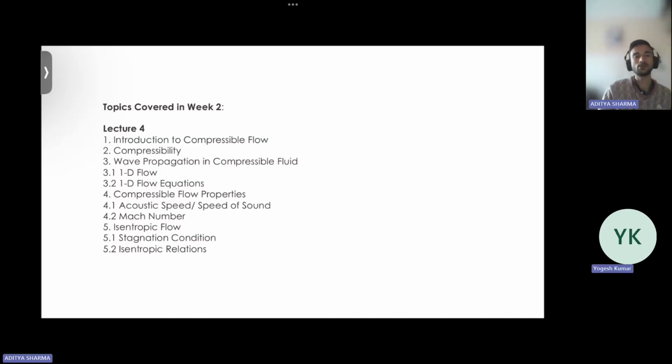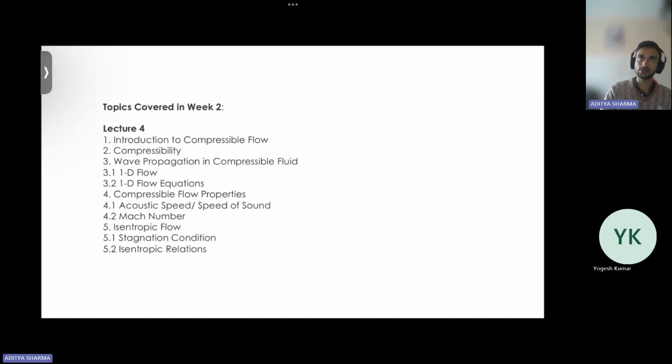All right. So, lecture 4. The first topic was introduction to compressible flow. As we saw in the week one lecture, it was basically fundamentals of fluid mechanics. There we were introduced to fluid mechanics and some concepts that we should know while we are trying to study compressible flows.